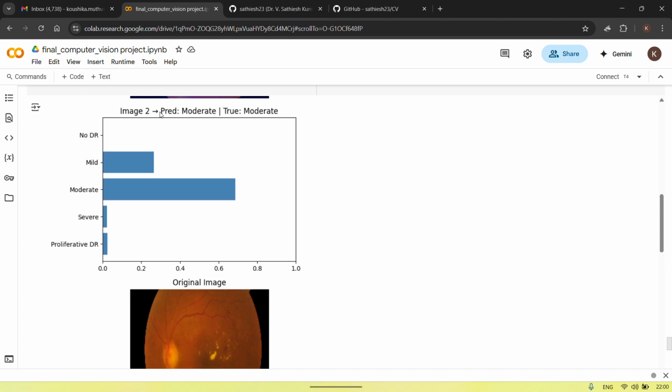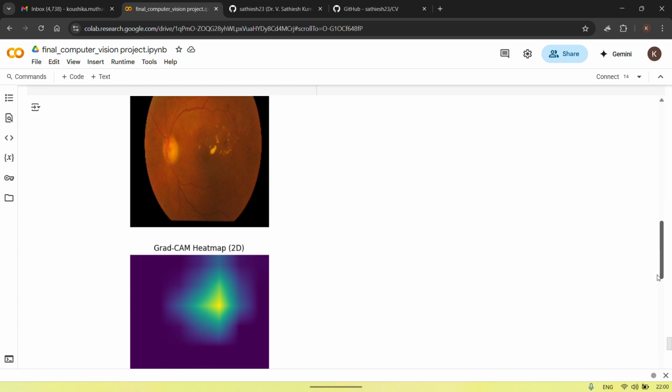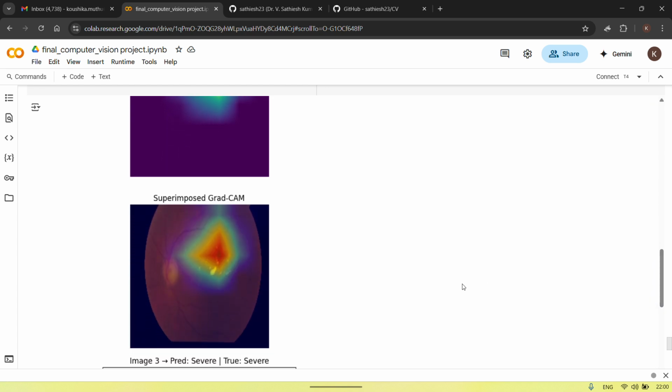My ground truth was moderate, and my model has predicted it as moderate. This was the original image, and after Grad-CAM superimposition, it shows the pixels that were responsible for my model to predict it as the moderate class.